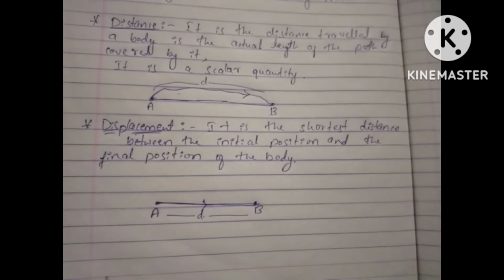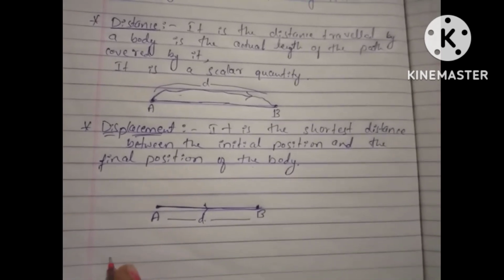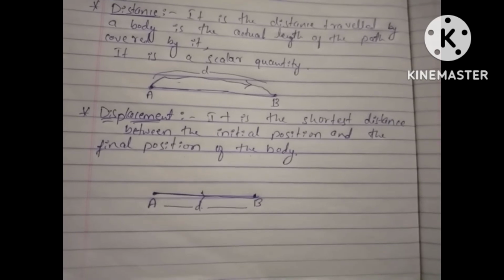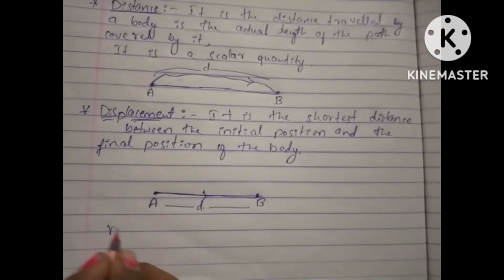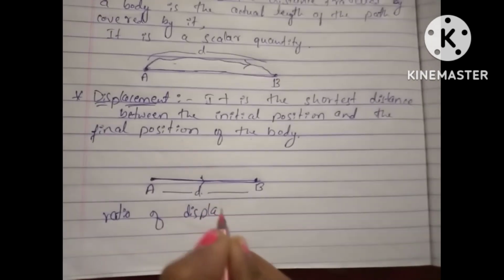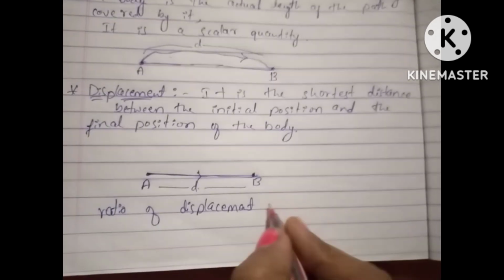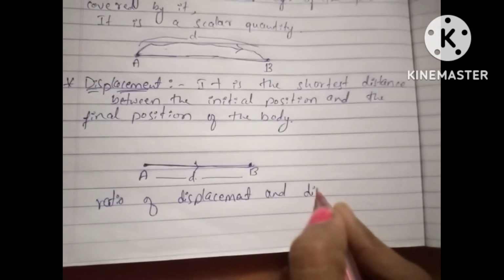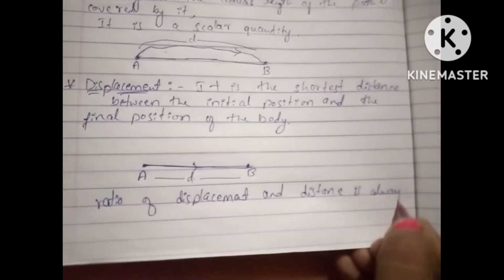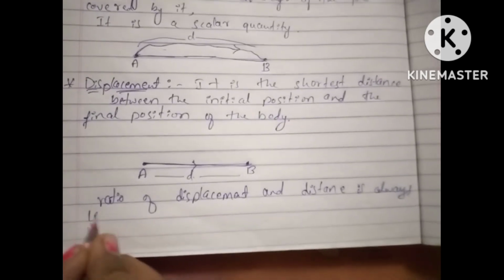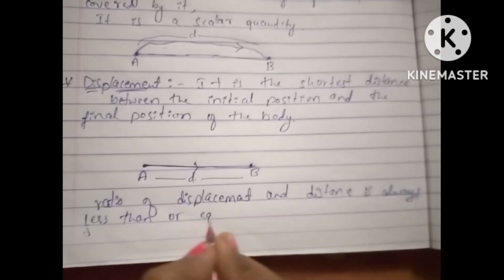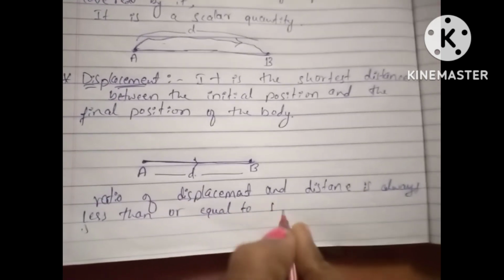The relation between displacement and distance is the ratio of displacement and distance is always less than or equal to 1.